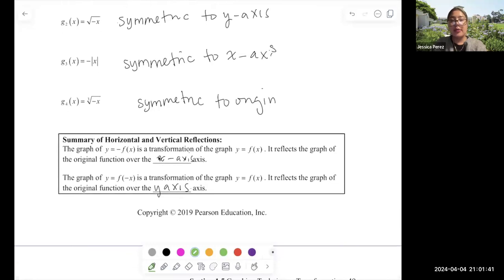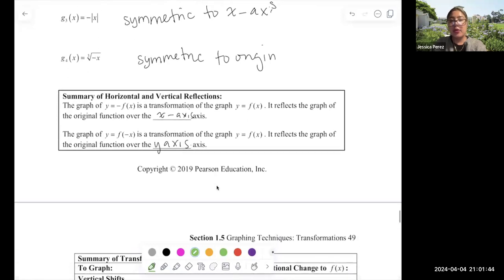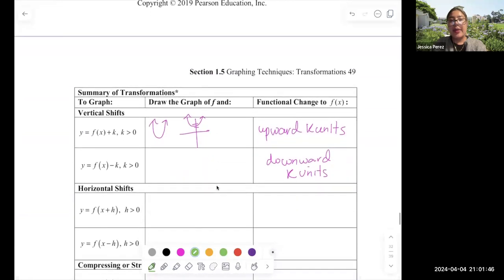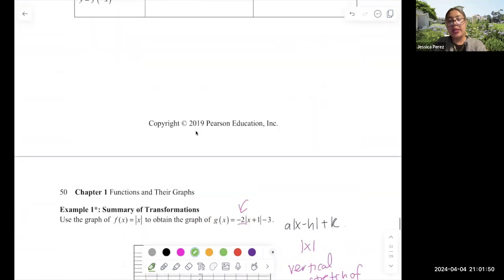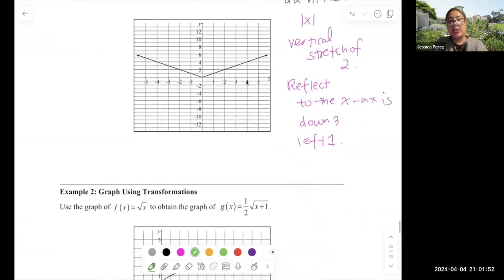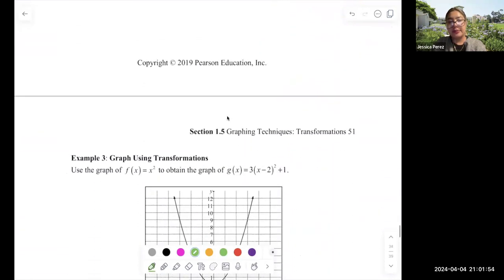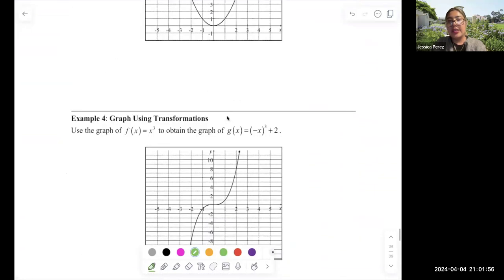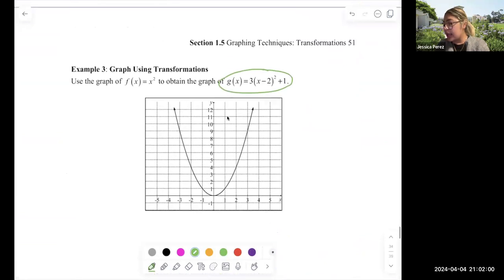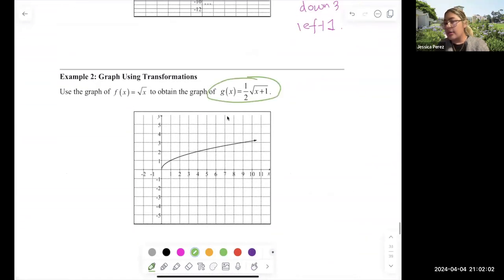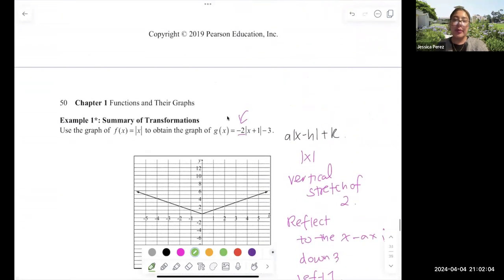Looking at the horizontal reflections or vertical reflections. This is just a summary. So once you have the summary, it'll be good to go. Okay, and then just playing around with the functions. These you can do on Desmos. So just looking at the reflections and what we can do. I wouldn't stress too much because you can use Desmos so you can have at least a visual representation to help you with that.